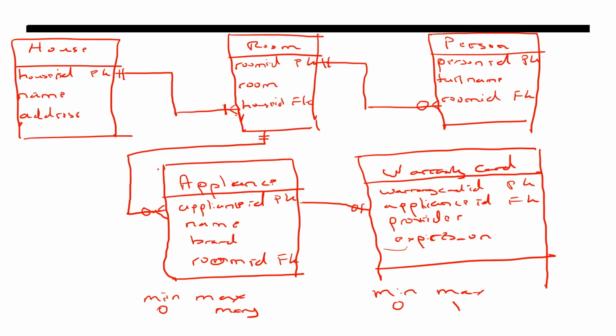Obviously, there will be only one appliance for which you will have a warranty card. So you cannot have zero appliances for a warranty card. If a warranty card exists, it is obviously because of an appliance. So you will have one and only one appliance for a warranty card.